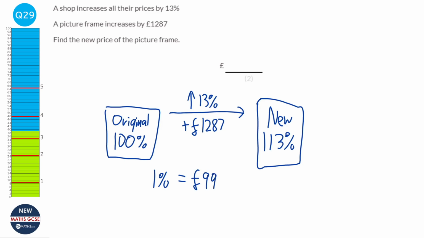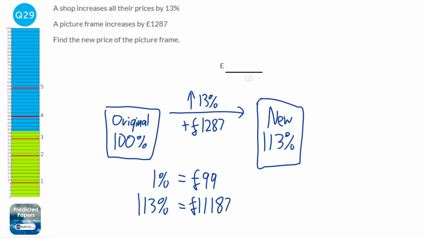So 1% of the original represents £99. But the new amount is 113%. So we need to times the £99 by 113, which gives us £11,187. So the picture is now worth £11,187.